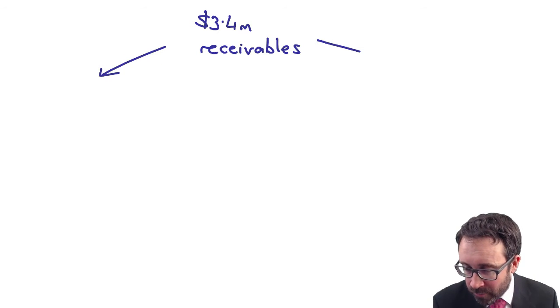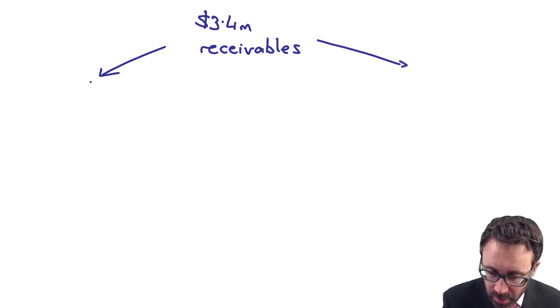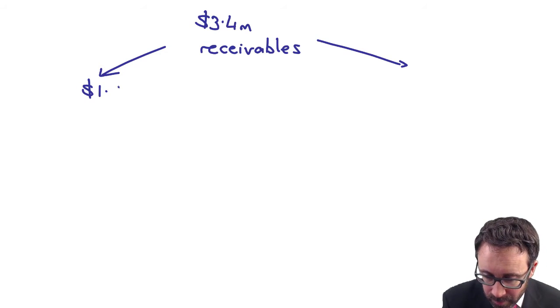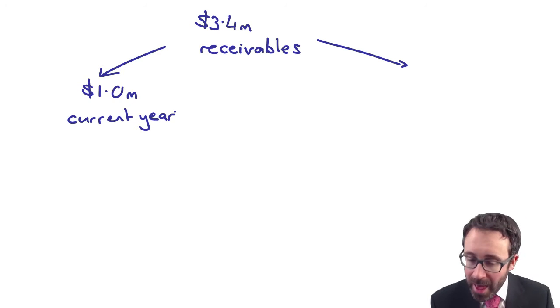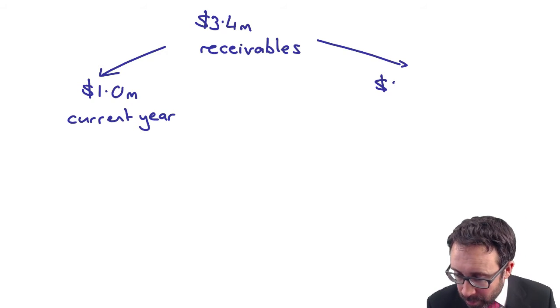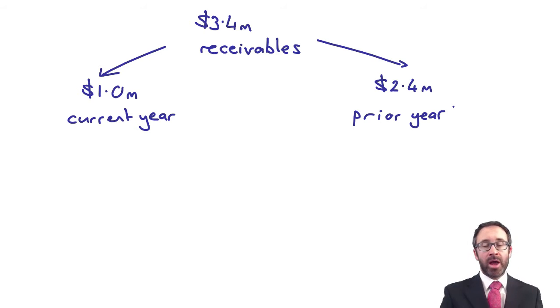Of that 3.4 million, it's split into 2 parts, isn't it? 1 million relates to the current year. And then the remainder, the 2.4 million, relates to the prior year.